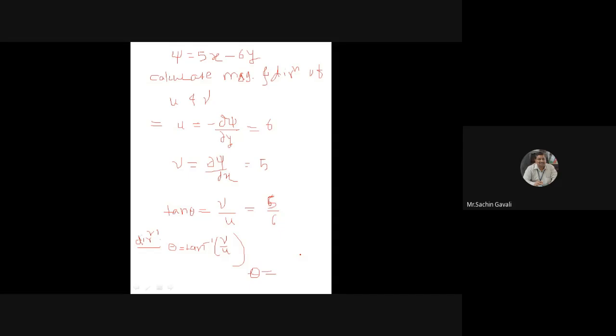Understood? You calculate theta and tell me the value. Already it is there. 39.80, correct.